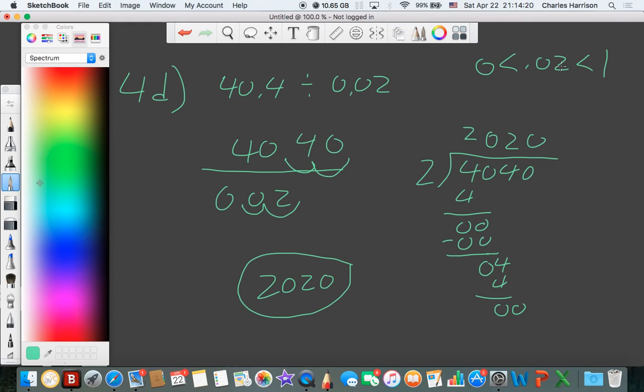So when you're dividing by a decimal, something that's like this, 0 point something, basically, when you're dividing by something that's in between 0 and 1, you get a bigger number. We had a 40, and in the end, we got 2020. So we got a really big number.